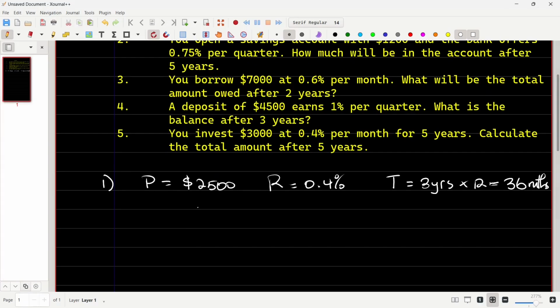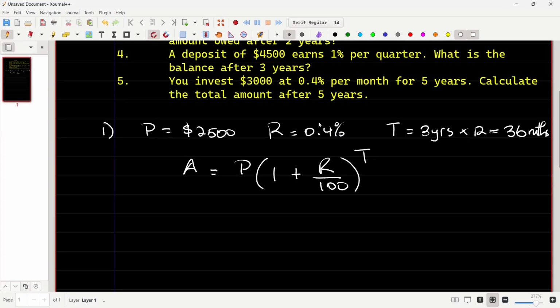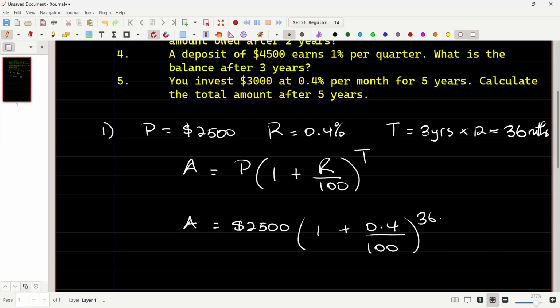Now we use our formula. The amount would be equivalent to the principal multiplied by 1 plus the rate over 100, raised to the number of time intervals. So the amount would be equal to 2,500 into 1 plus 0.4 divided by 100, and then we have 36 intervals.